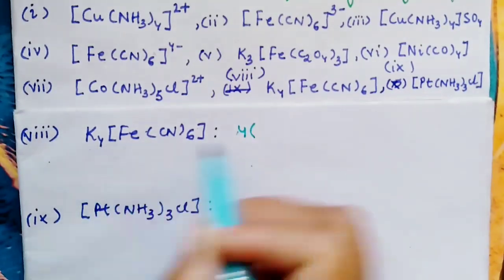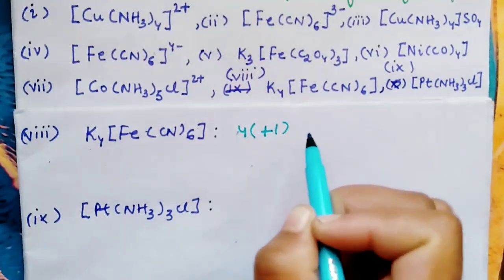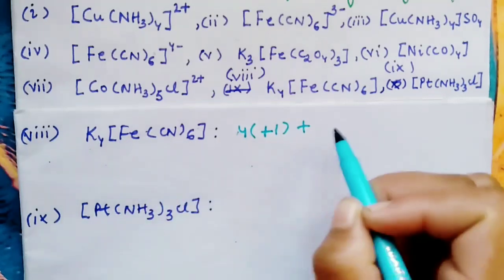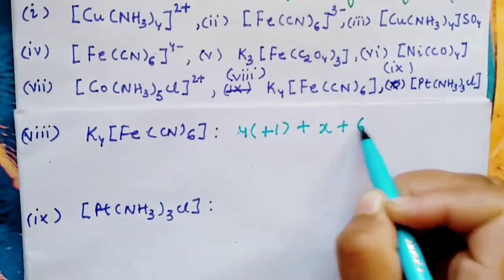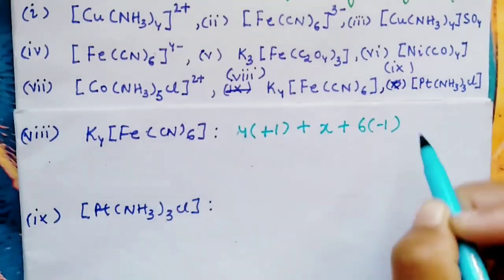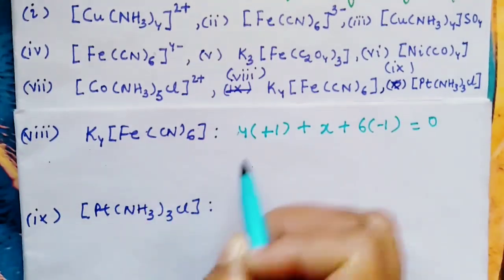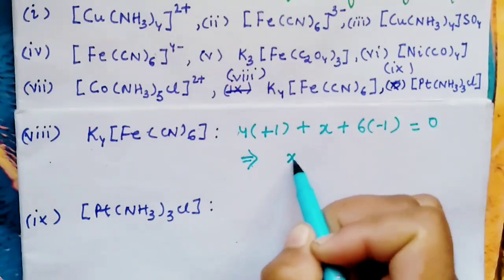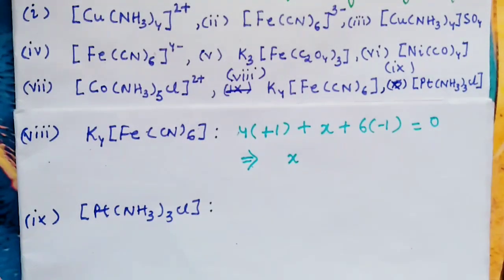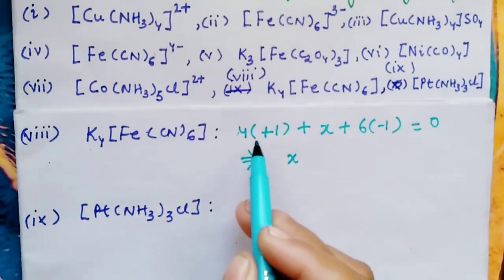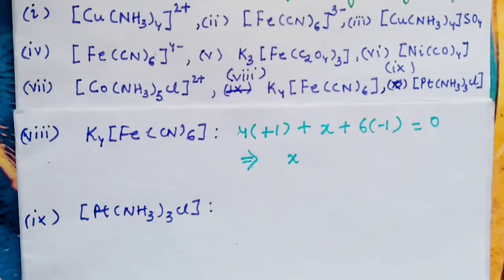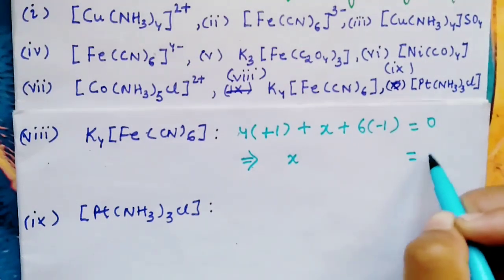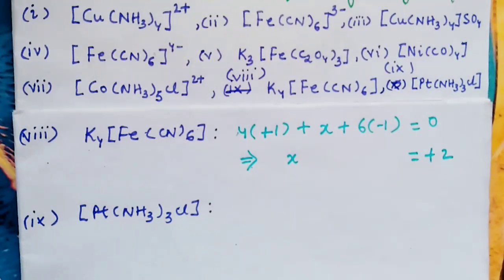4 into plus 1, the charge carried by potassium, plus X plus 6 into minus 1 for CN, equated to 0 because it is neutral here. So we get X to be what? Plus 4 with minus 6, we get minus 2, and then if we take it to this side, it becomes plus 2.